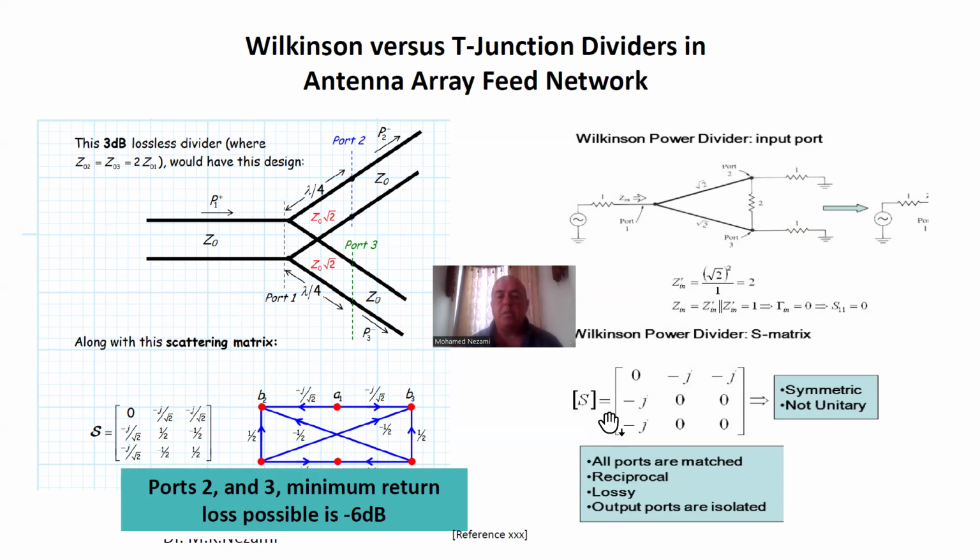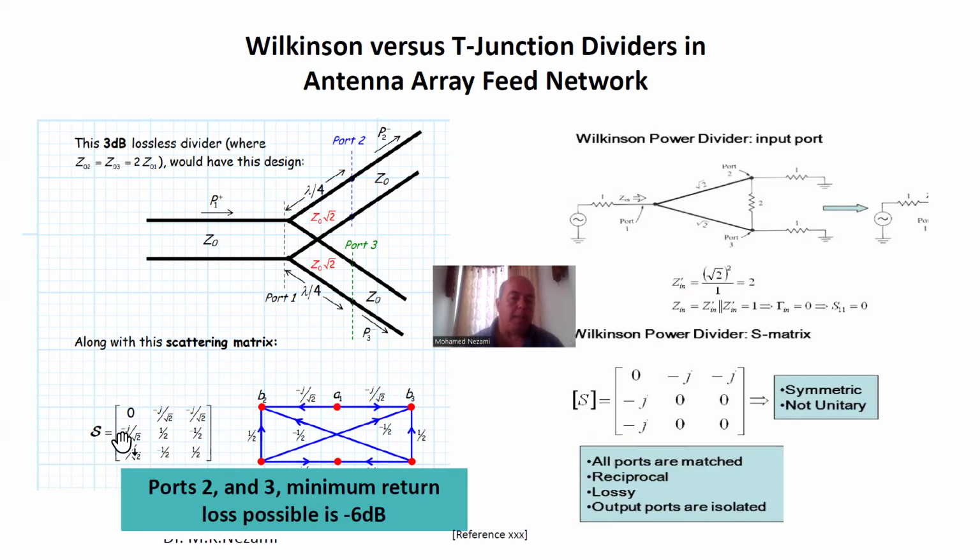For the Wilkinson, the diagonal parameters, S11, S22, S33, are all zero, so there are no reflections on all 3 ports. While the other ones are just minus j, which is a complex number that indicates a 90-degree shift.